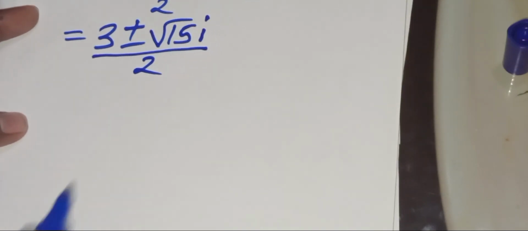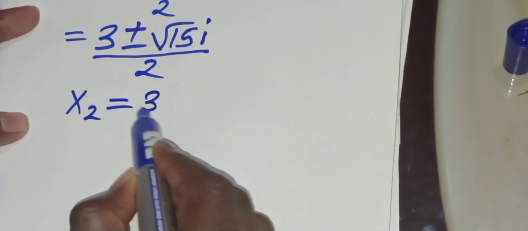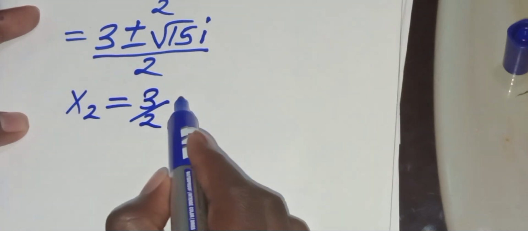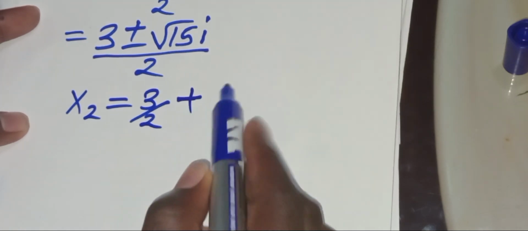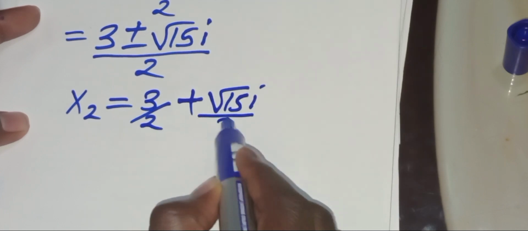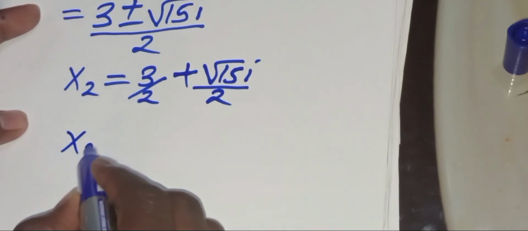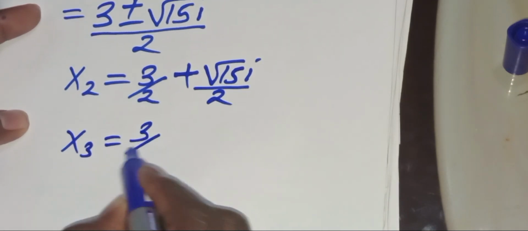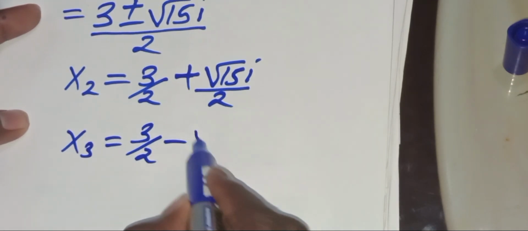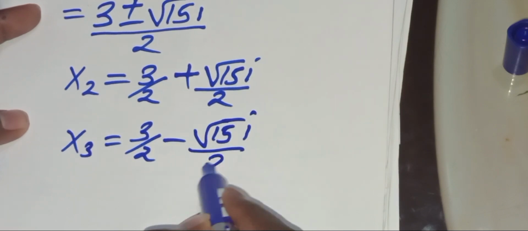So that means x2 is equal to 3 divided by 2 plus square root of 15 i divided by 2, and x3 is equal to 3 over 2 subtract square root of 15 i divided by 2.